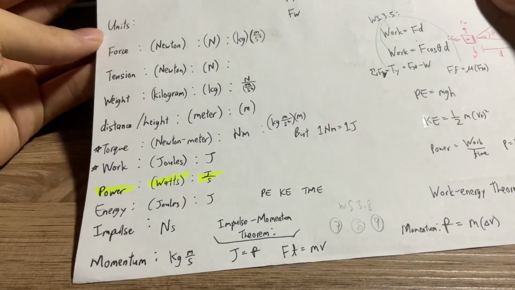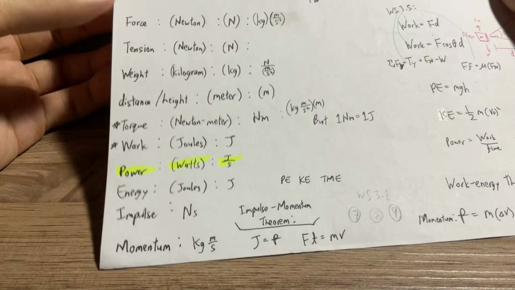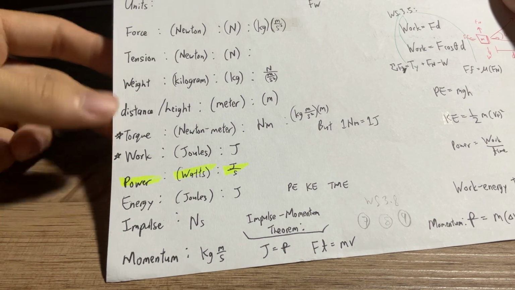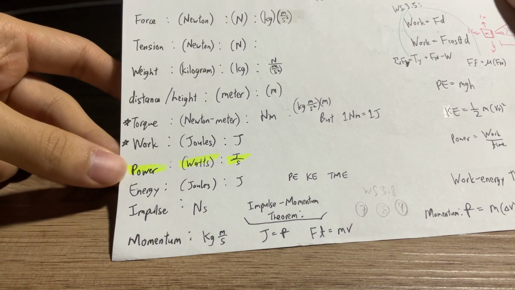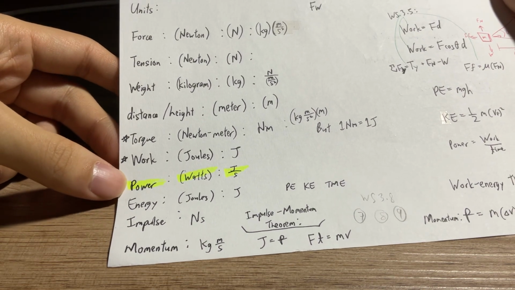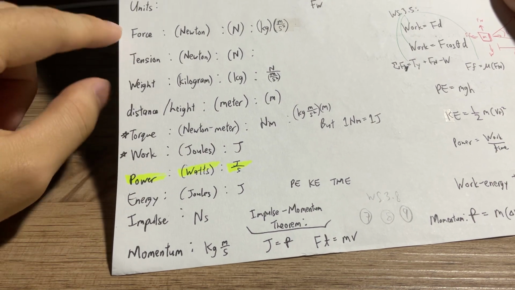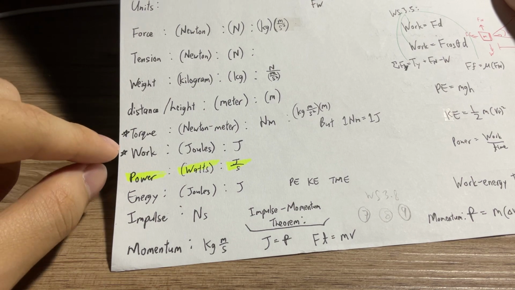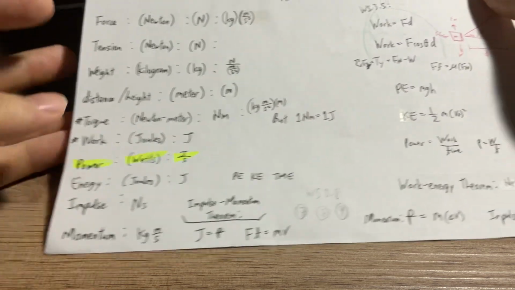So what you're seeing right now is perhaps not all, but at least most of the values involved in this exam. So we have force, tension, weight, distance or height, torque, work, power, energy, impulse, and momentum.